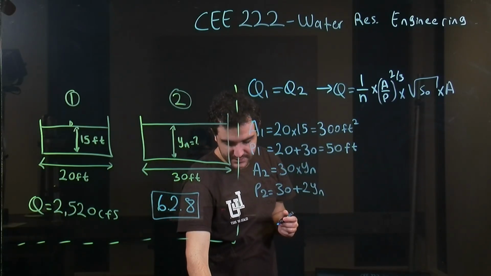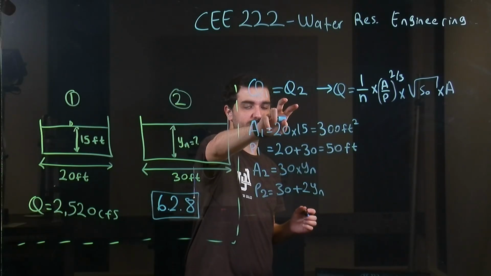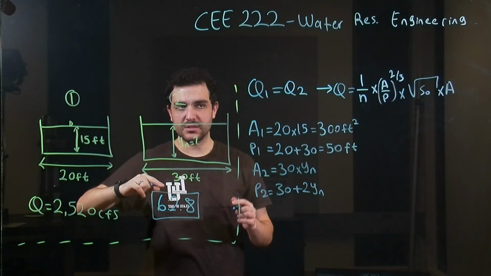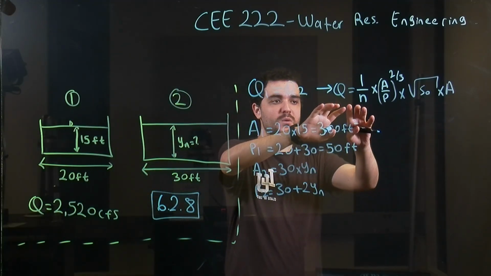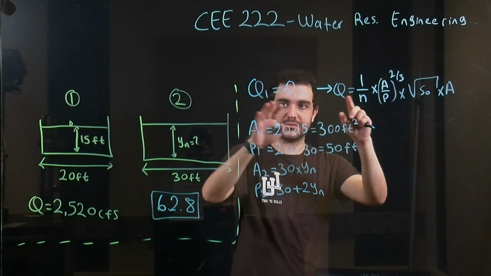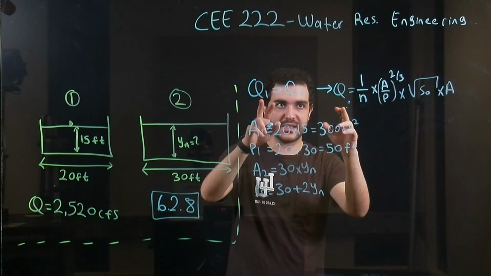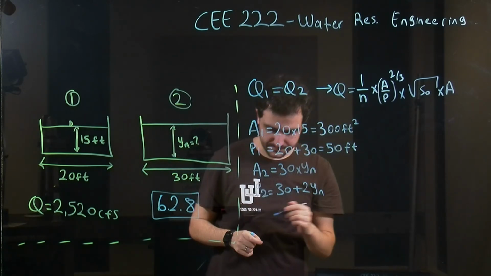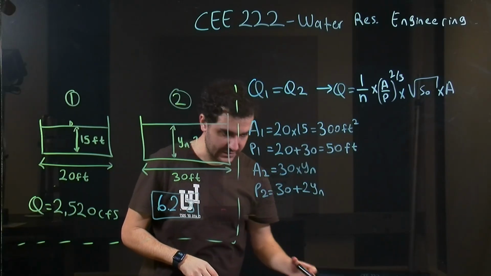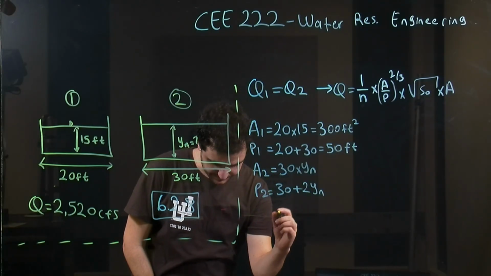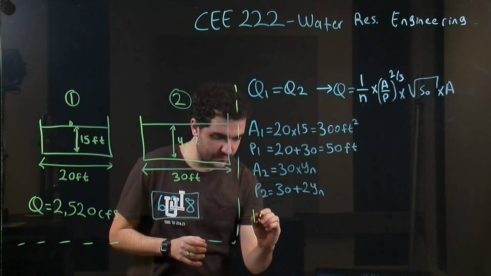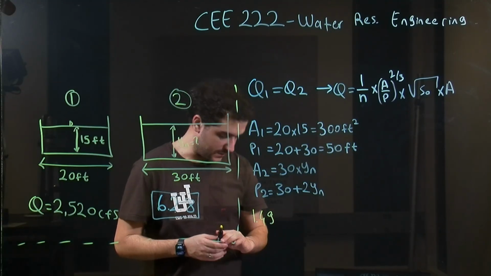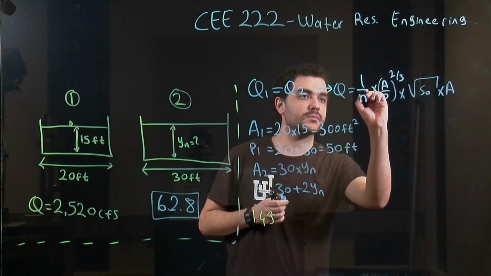Since we said these two flow rates will be equal to each other, like Q1 is equal to Q2, and since we have the same Manning's equation for both of these channels, we can actually write this equation. Since we are using British units, we will need to change this actually.